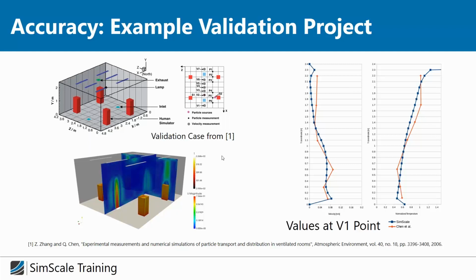This example is a project we used as a benchmark. The good thing is that we had all the physical data, so we could compare the results we calculated with our SimScale simulation platform to the physical test results. Red represents the actual physical results, and blue the results of our simulation.